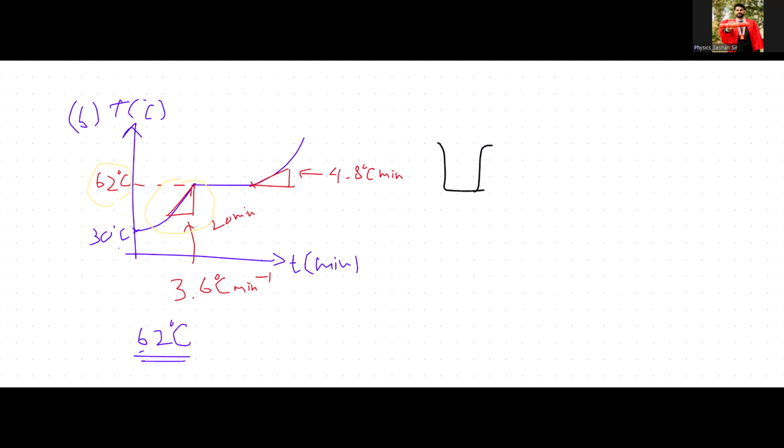Inside this one we have the solid wax. So both of them, the calorimeter and the wax. This is wax. Okay, so this is where they heat up using a heater. This is wax, and this is the calorimeter.